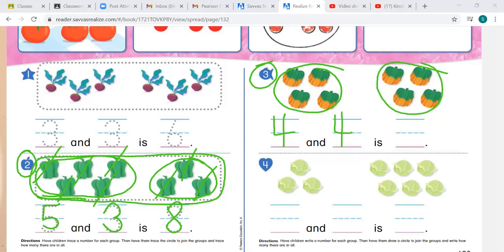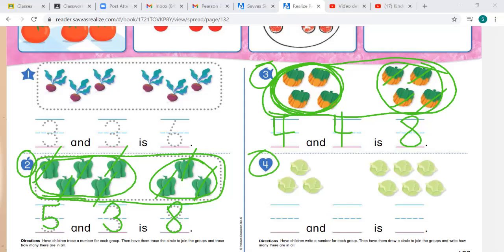So how many in all? We need to join our 2 groups into one group. 4 and 4 is what? Let's count it. If we have 4 here, we're going to count up from 4. So let's say 4, 5, 6, 7, 8. We have 8 in all.